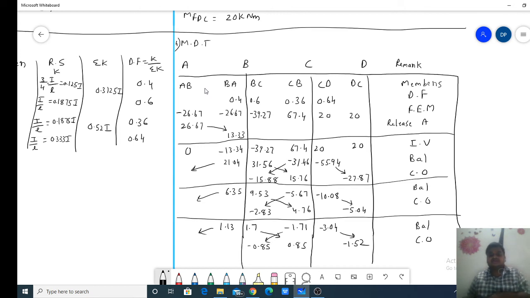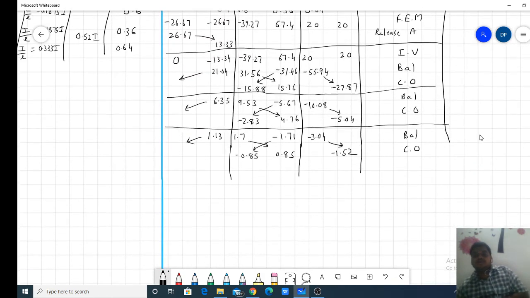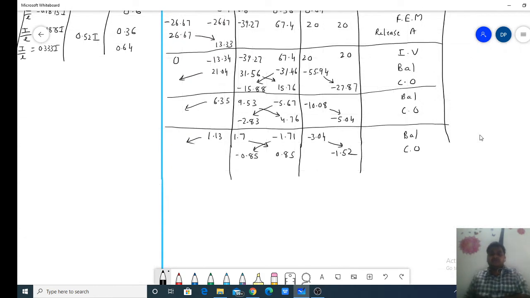So as you can see, it is still a greater value, means here 1.52 is there, so one more iteration we need to do, that would be better.